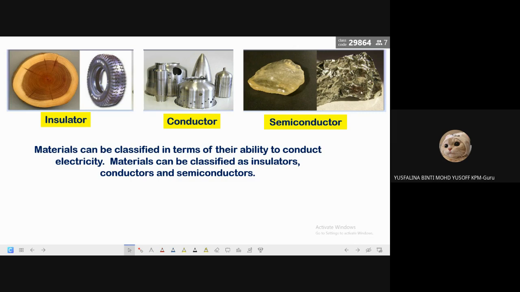And what is the material that can conduct also, but it's not as good as the conductor? It can still conduct electricity, but it's not as good as a conductor. So we call it the semiconductor. It can flow electricity but not as well as the conductor, because in a conductor all the electricity can flow through it, but maybe for the semiconductor only half of it will be allowed to flow.